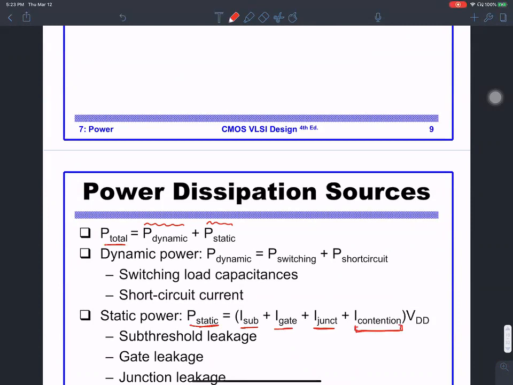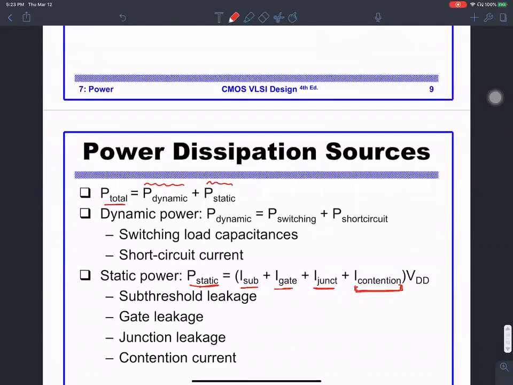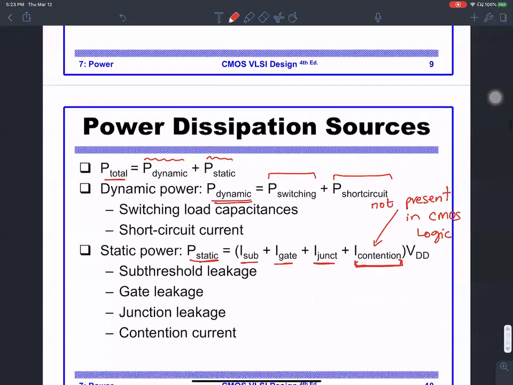We look at contention current when we look at ratioed logic. This contention current is not present in CMOS logic; it's only present in ratioed logic like pseudo-NMOS, where both PMOS and NMOS are simultaneously on. So the dynamic power itself is the sum of the switching power and the short circuit power. This is something we discussed in the last class.